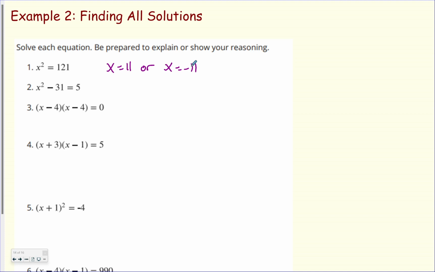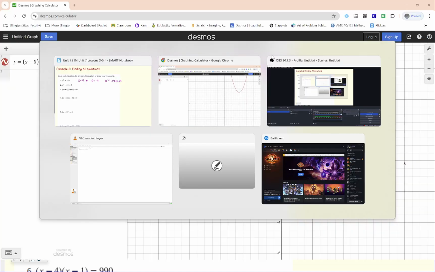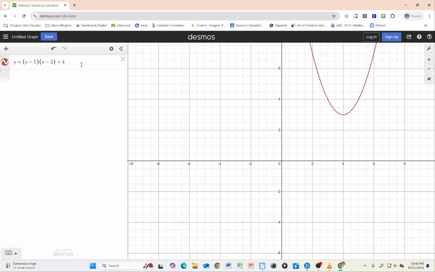So once again, what I would do is move the 121 over to the other side, and so I get x squared minus 121 equals 0. Let's draw that graph. Okay, let's go to Desmos, and let's do y equals x squared minus 121.